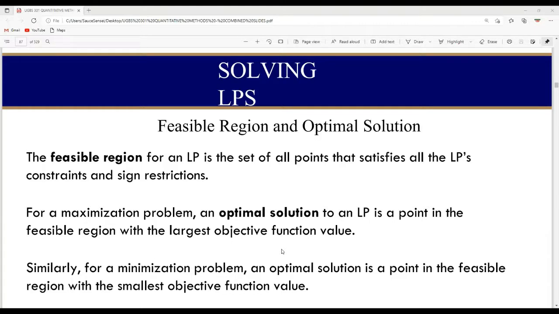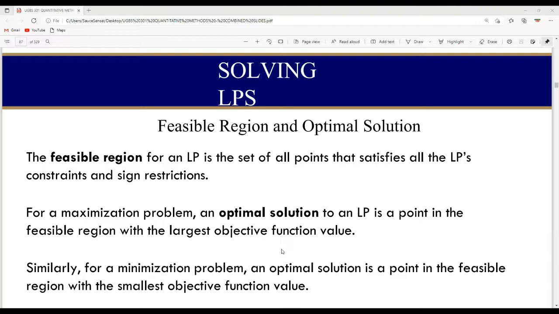Similarly, for a minimization problem, that's when we are talking about cost. So the moment you see maximization, cast your mind on what? Profit or revenue. When you see a minimization problem, it's talking about cost. So when you get a cost problem, an optimal solution is a point in the feasible region with the smallest objective function value.